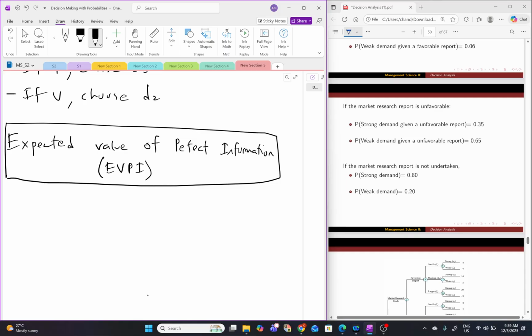Expected value of perfect information. Dengar, ini senang saja, sangat senang. Dengar.